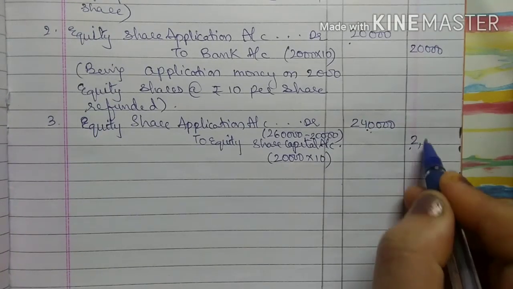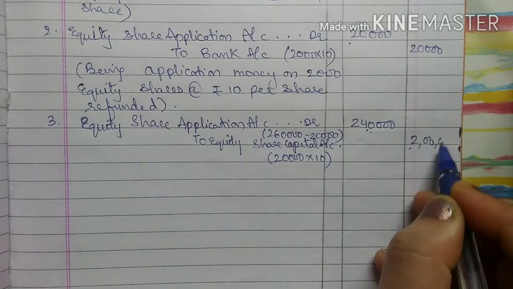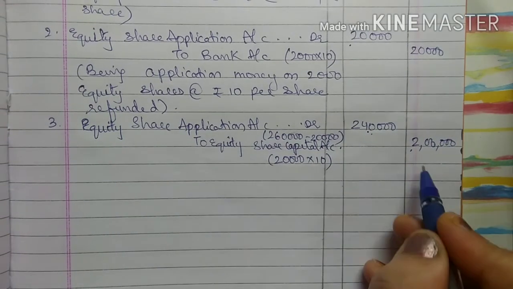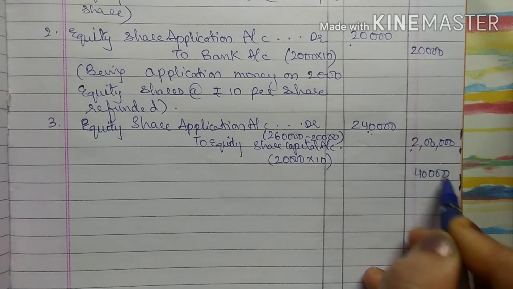So in this there will be 2 lakh rupees transfer. Now remains what? 40,000 rupees, right?